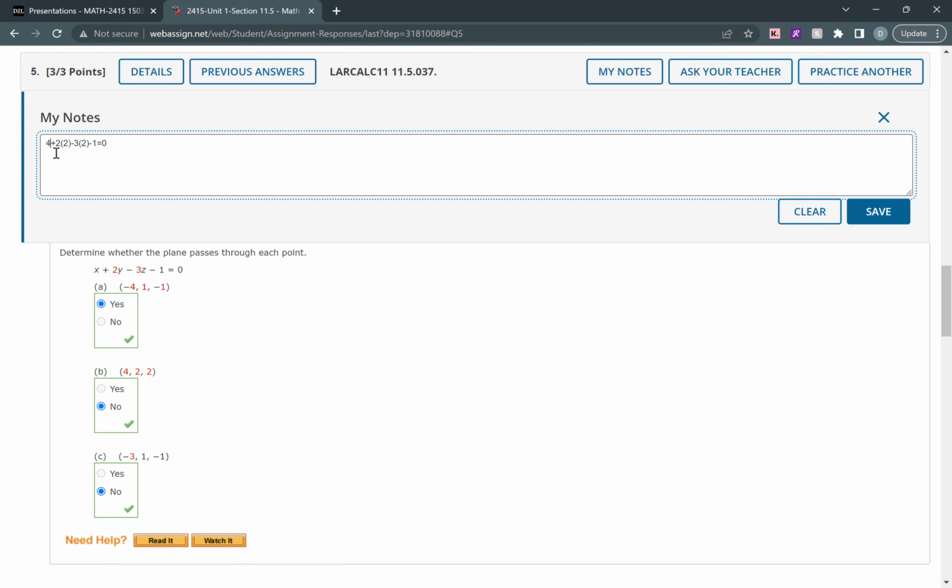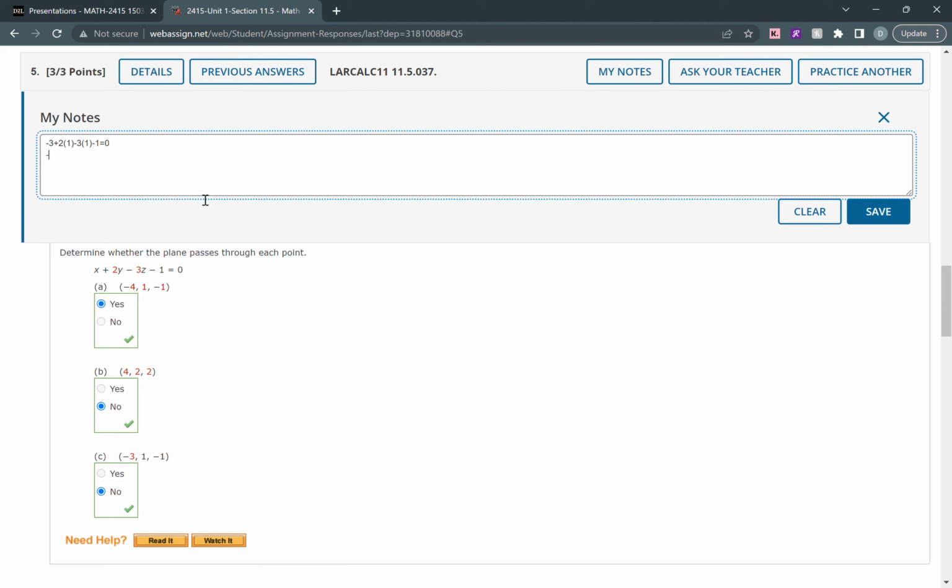X would be -3. Y would be +1. And Z would be -1. So off the start, 2 times 1 is 2, of course.